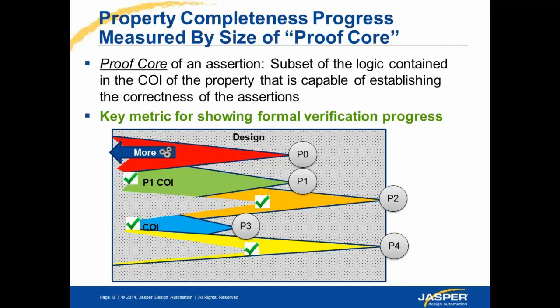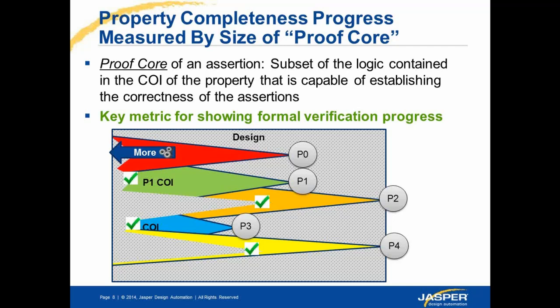Well, can you tell anything more from this proof core metric? So let's take a look at assertion P0 there. Let's say you have a bug somewhere around where you see the arrow. Any RTL present in that particular cone impacts or is affected by the property there, or should I say, the property affects any piece of RTL in that particular cone. Let's say you have a bug there.